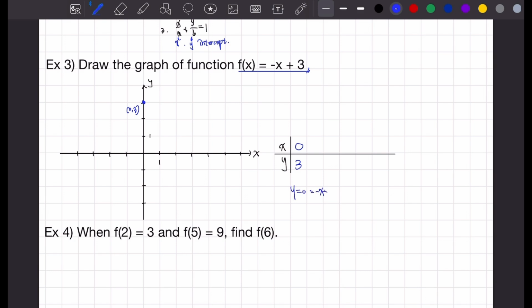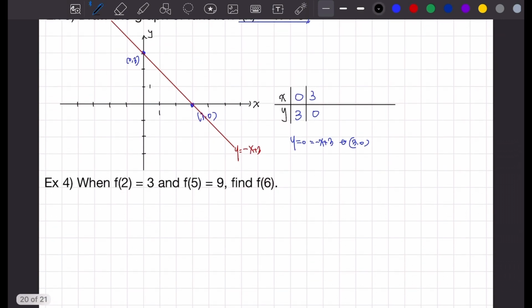Of course, we can also find the x value when y is equal to 0. When y is equal to 0, negative x plus 3 is equal to 0, so this point is (3, 0). So we draw (0, 3) and (3, 0) in this graph and connect these points with a straight line. This is the graph of this function, negative x plus 3.